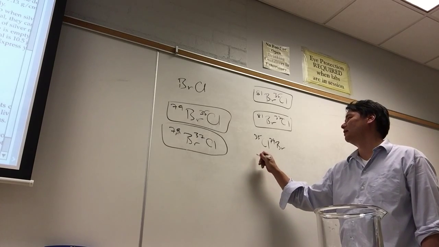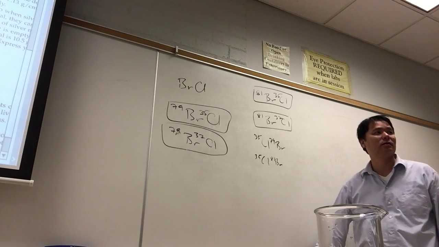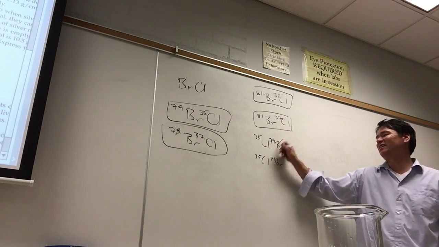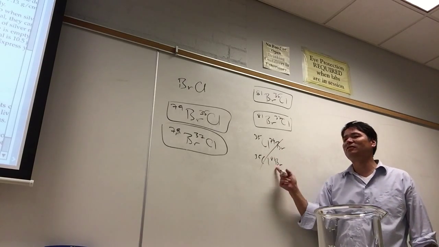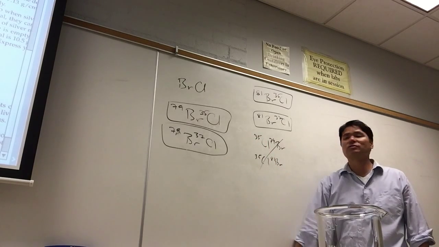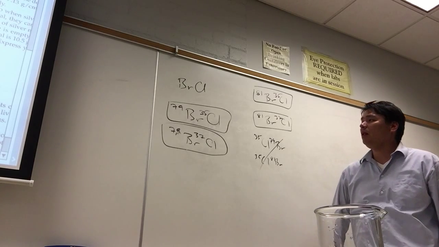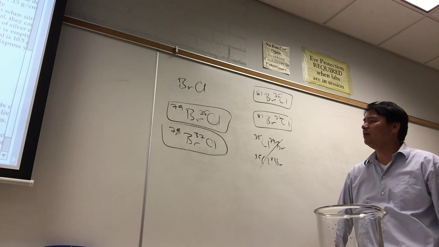Chlorine 35, bromine 81, should I count that or not? Now technically these aren't unique, right? These are duplicates of the previous ones here. All right, so far we're going to get 4.